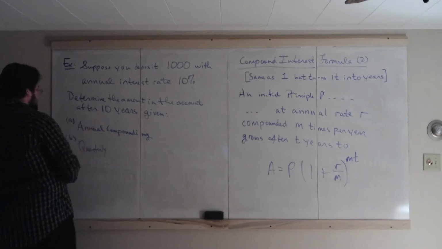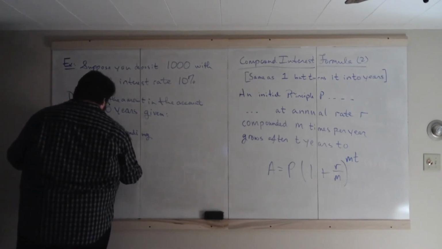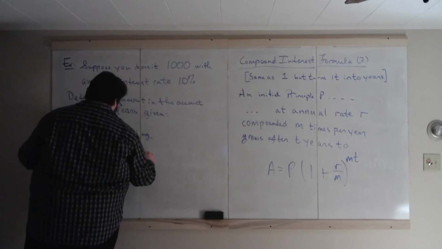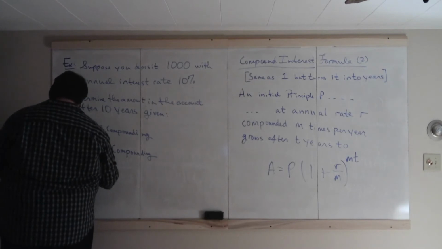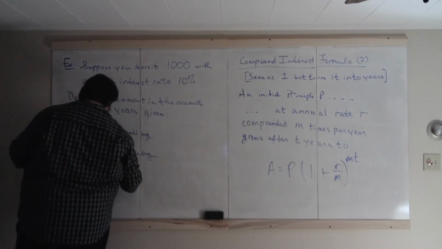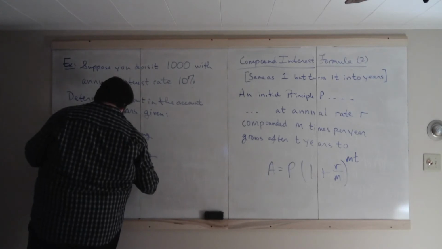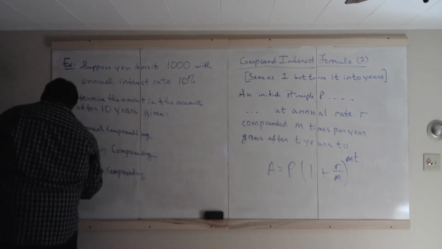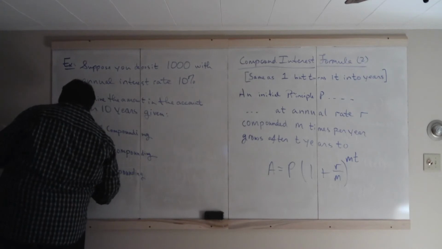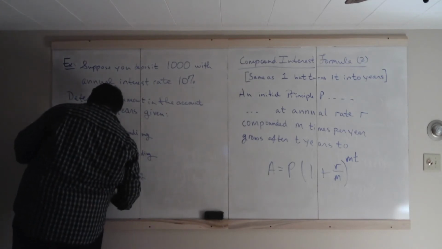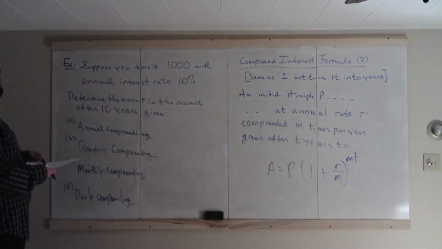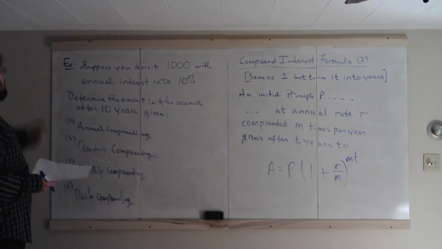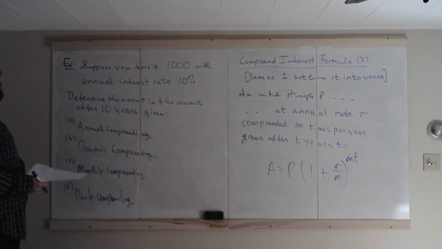Oh, no, this is after 10 years, so it is different than the one we did before. C, monthly compounding. And D, daily compounding. So we have 4 questions here. Suppose you deposit $1,000, annual interest rate 10%. Determine the amount in the account after 10 years, given annual compounding, quarterly compounding, monthly compounding, daily compounding.